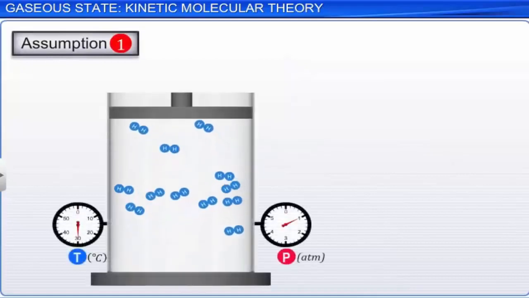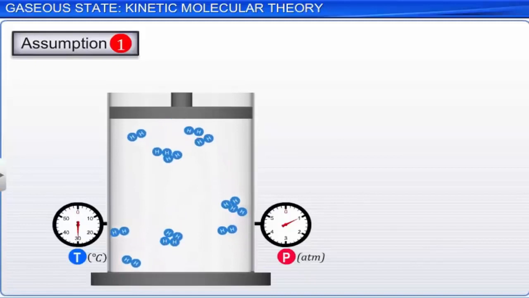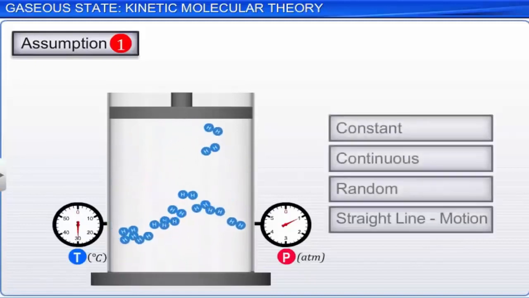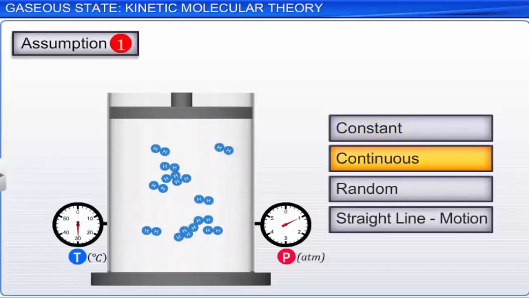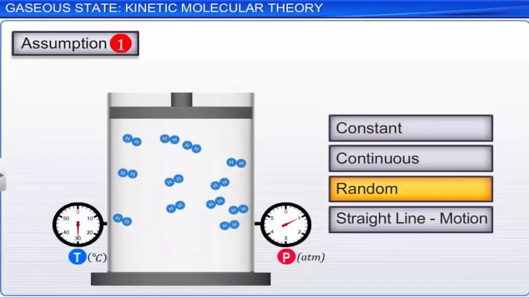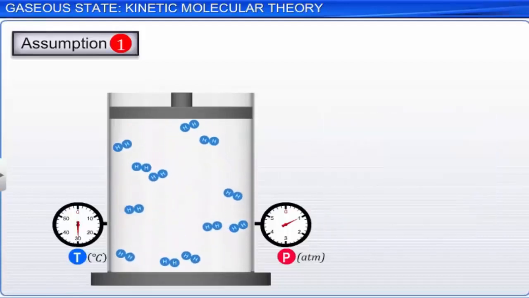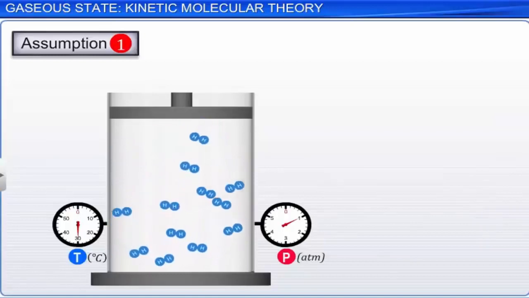Gases consist of very large number of extremely small particles called molecules, which are in constant, continuous, random, and straight line motion. During their motion, they collide with each other and against the walls of the container.